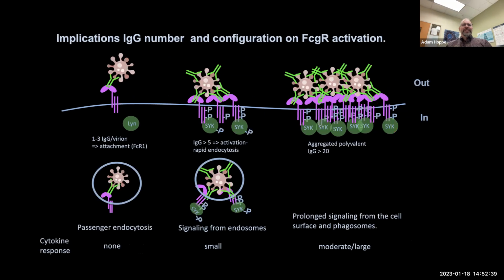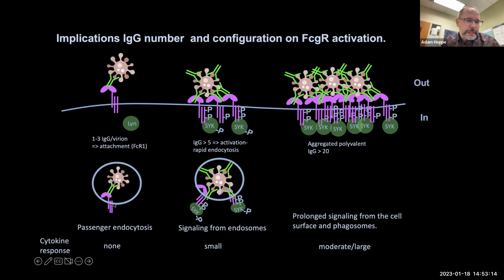infections. Okay, so we can think of different contexts for activation of these Fc receptors, where even a single antibody decorating a virion could dock to an Fc receptor, particularly the high affinity receptor, FcγR1, and that could mediate endocytosis of that virion and its clearance. I'm calling this passenger endocytosis because in this case, a single antibody is not sufficient, I'll show you some data in a second, to trigger activation of these Fc receptors.